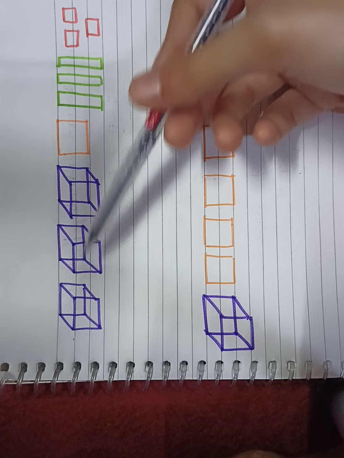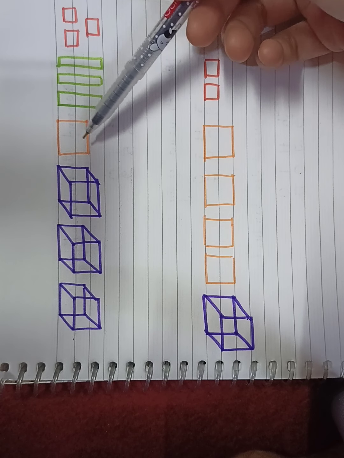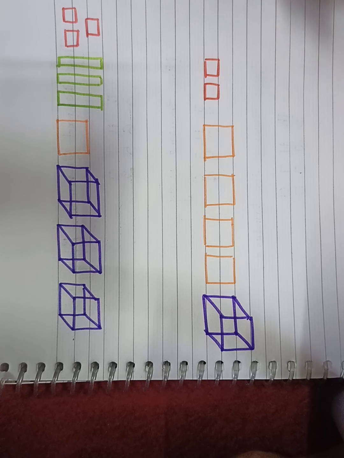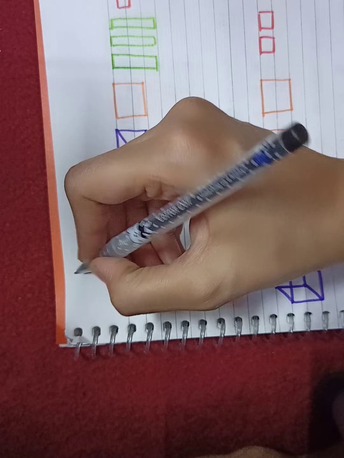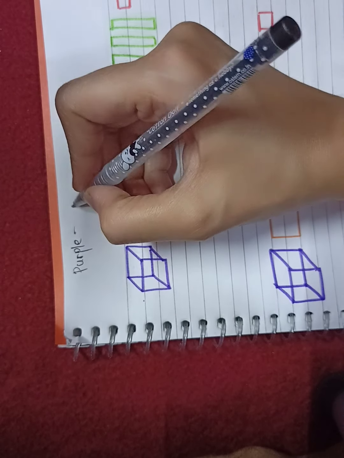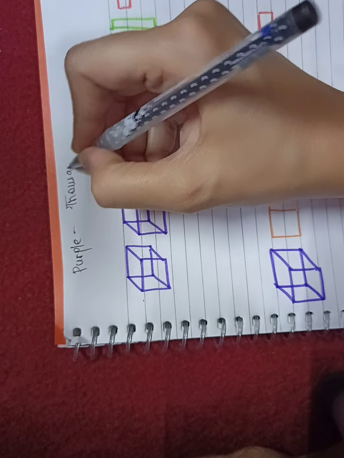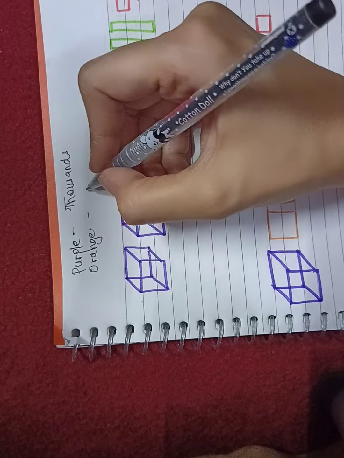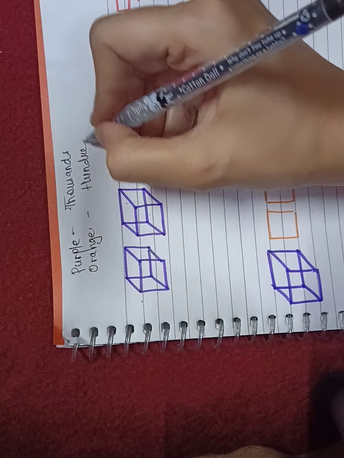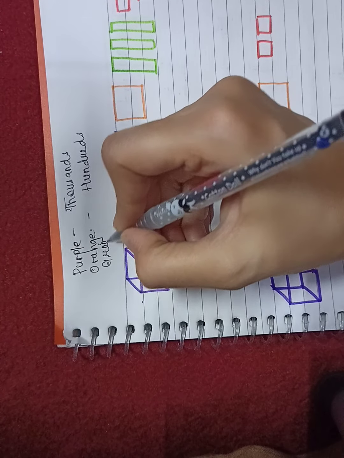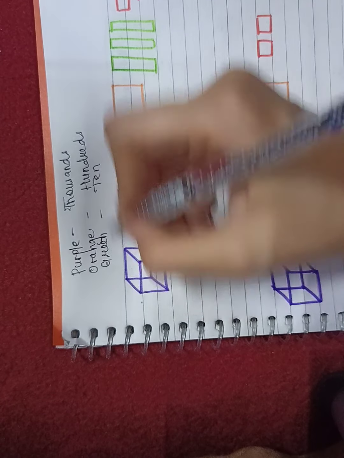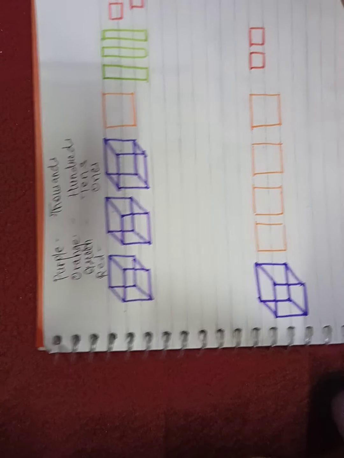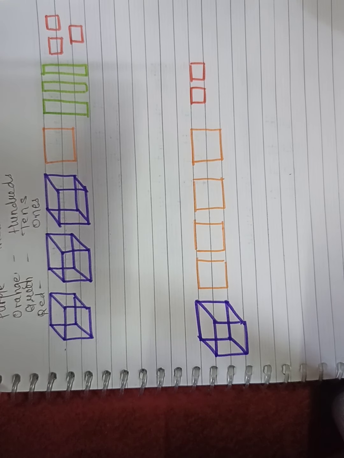Purple shows thousands, orange shows hundreds, green shows tens, and red shows ones. So using these pictures we can form the number.